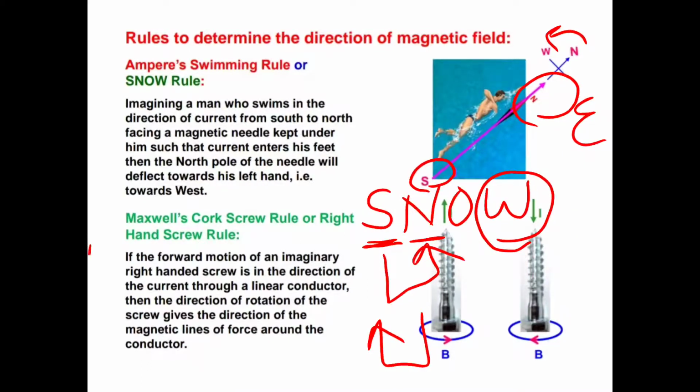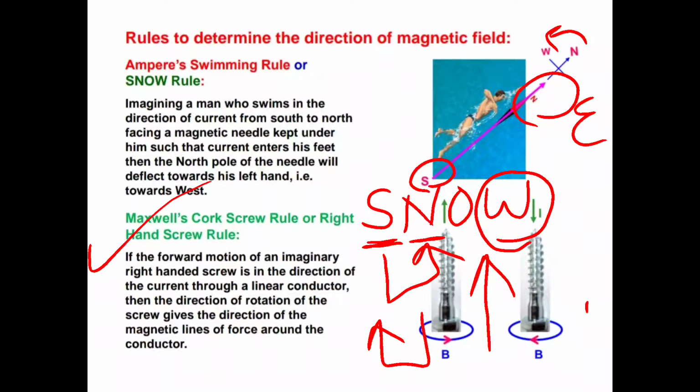There is one more rule which can help you, and that rule is the right hand screw rule. If the current is moving in the upward direction, then you can find out the direction of the magnetic field.